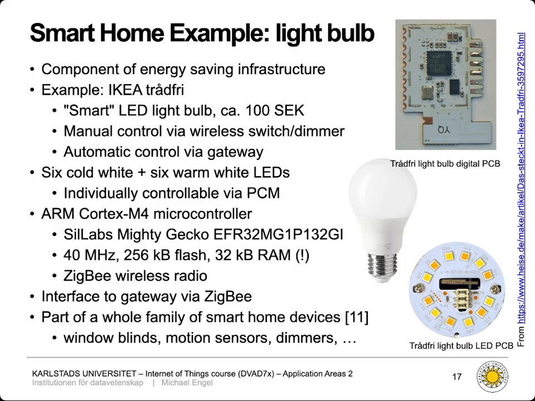And of course, this also seamlessly integrates into a whole family of smart home devices, like automatic window blinds, like motion sensors, like dimmers, and so on. And since these things are produced in large numbers, you can actually get them for quite low amounts of money nowadays, which is interesting.